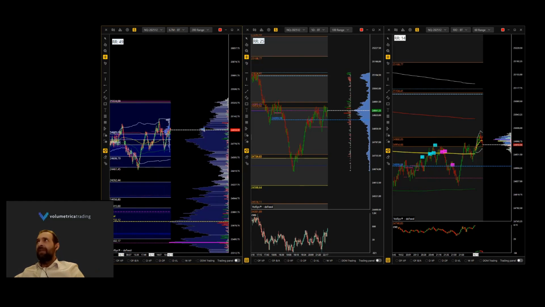But aside from that, there's definitely something you can't help but notice. The low that was just mentioned is actually the southern part of a much larger distribution area. Look at how significant this volume node is. A volume node this significant here definitely defines what could be the equilibrium zone of the whole Gaussian that revolves around it.